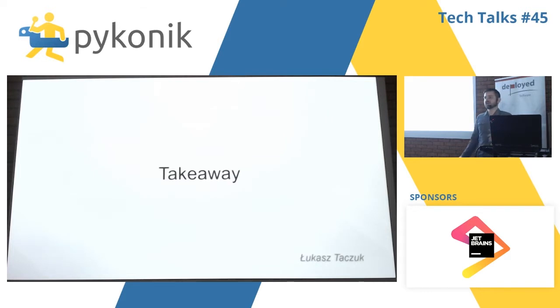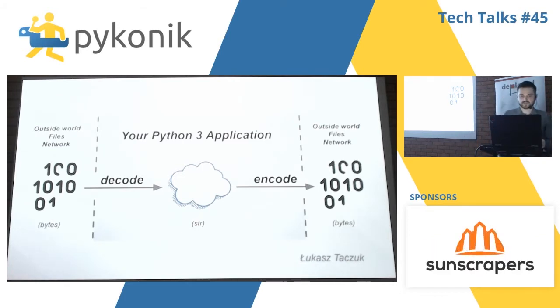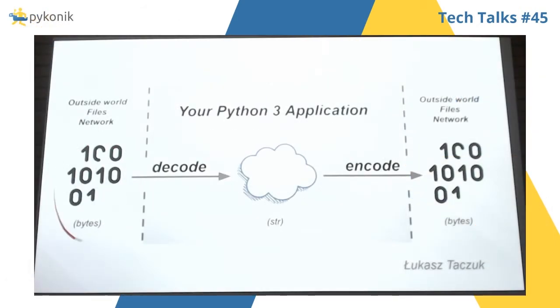So yeah, the takeaway. This is again the time to wake up, everyone. If there's one slide that I would like you to remember from this presentation, it is this one. One is that bytes are just bytes. Unicode or string in Python 3 is this abstract structure, and you get from bytes to string using decode, from string to bytes using encode.